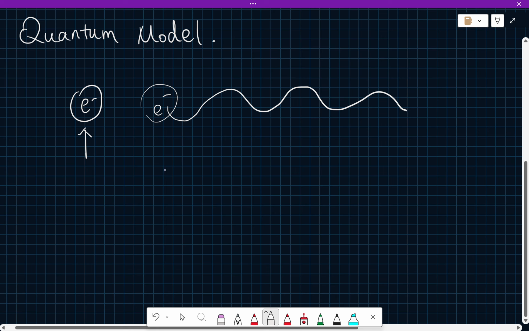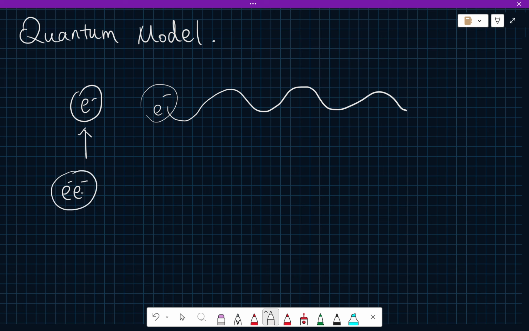And electrons also occupy space in pairs, and they have opposite magnetic spin.